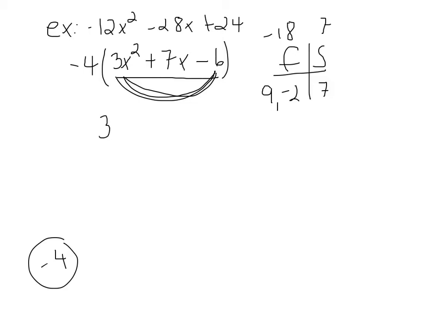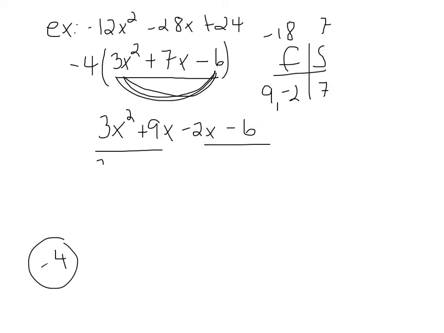So we're going to rewrite the middle term as plus 9x minus 2x, and then the minus 6 we'll leave alone. And by the way, the order in which you write these two terms does not matter. Whether you write 9x minus 2x or -2x plus 9x, the factoring will look a little different, but the final answer will always be the same.